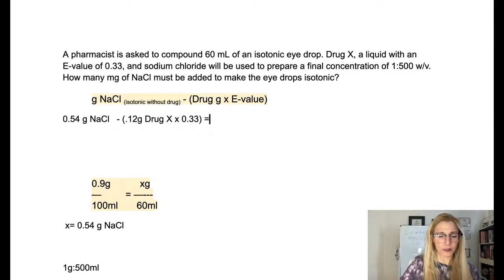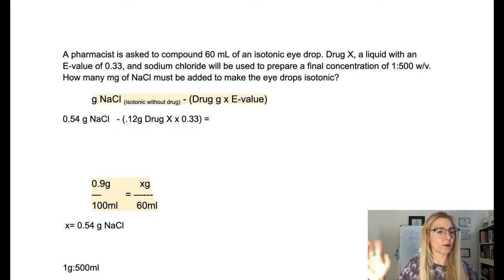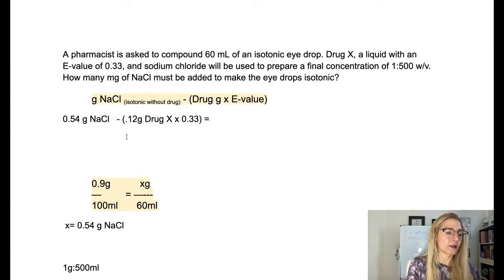So I'm putting 0.33 times 0.12. I get 0.0396. Keep as many units on as you can, you guys. Earlier we were working with people and multiple times throughout the day, this happened where people rounded too soon and got a wrong answer. So save your rounding till the very end and you can't go wrong.